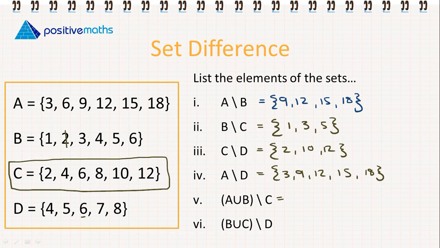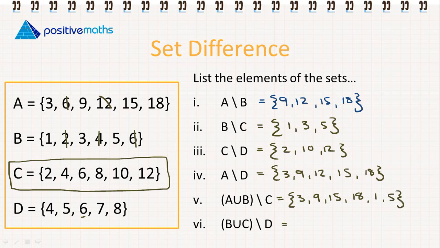The next one is 4, that's in B. The next one is 6, that's in B and in A. The next element is 8, it's not in either. 10 isn't in either set, but 12 is in A. So now we will list the elements of A union B, but we're not including any of the elements that are in C. So what we have left is 3, 9, 15, 18, 1, 3 we've already included, and 5.